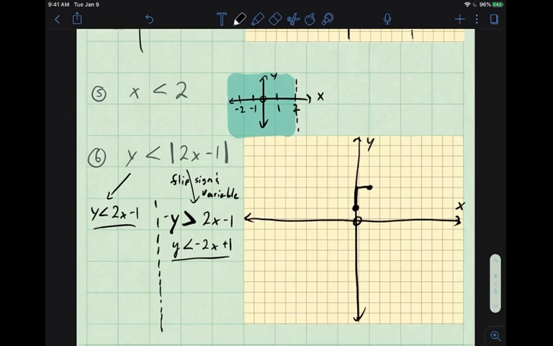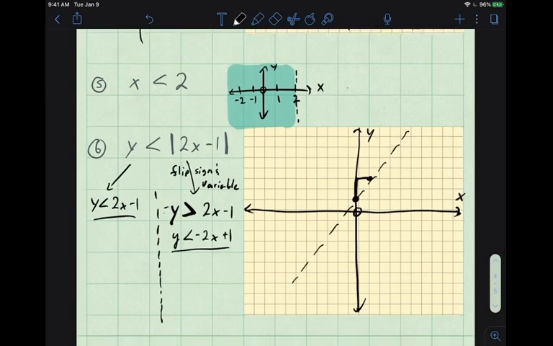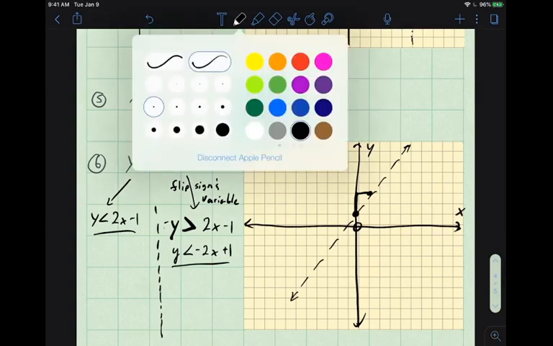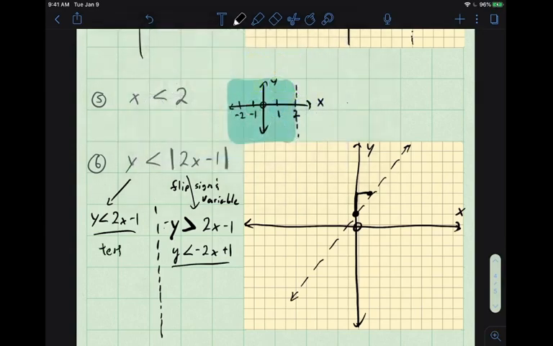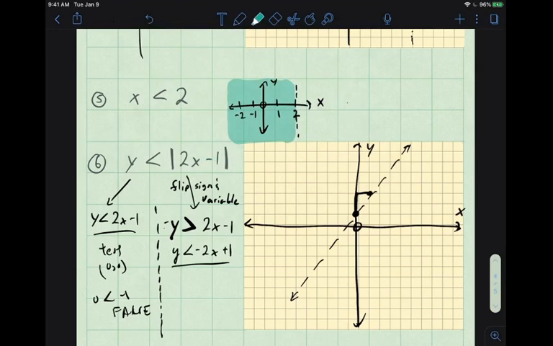Darn it, it should be dashed. And we test out 0, 0 here. Test 0, 0. Is 0 less than -1? False. So we don't include that point in our solution. We shade in this side for this particular line.